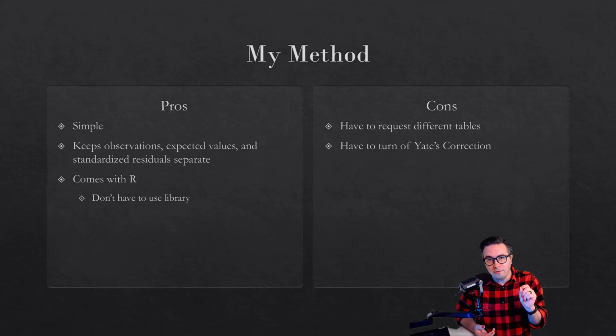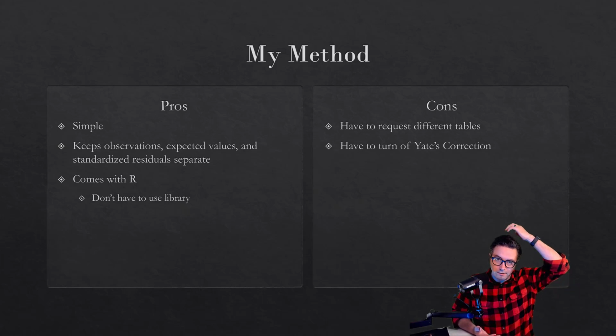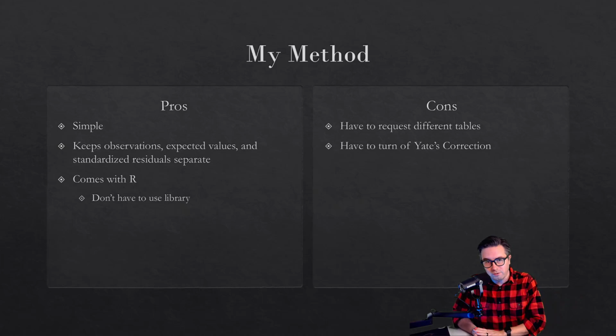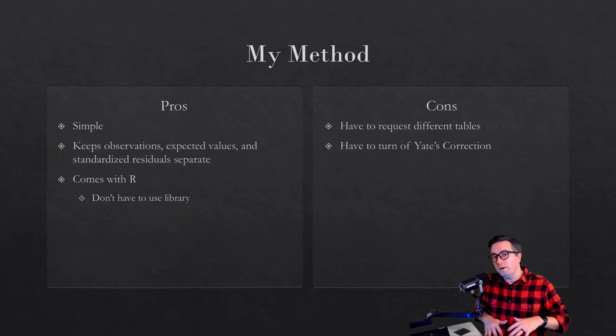You'll see correct equals false. That's turning off Yates correction so that we get the normal chi-square. It's not always on, but whenever it's a 2x2, it'll turn on. We always want it off, so we'll always do correct off.